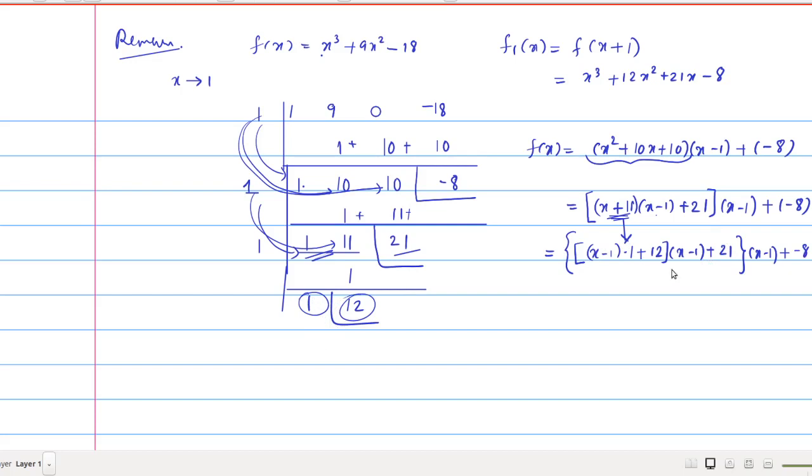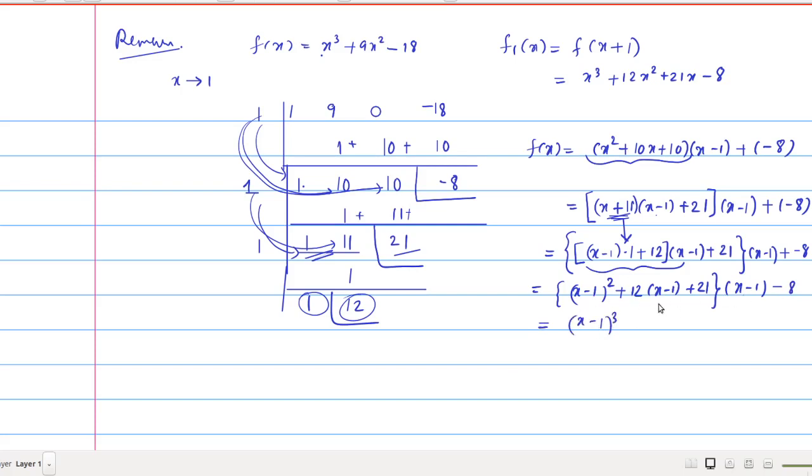So when you open these brackets, first of all we need to open this one, that will give x minus 1 whole square plus 12 into x minus 1, plus 21 into this x minus 1 minus 8. So this will give x minus 1 whole cube.